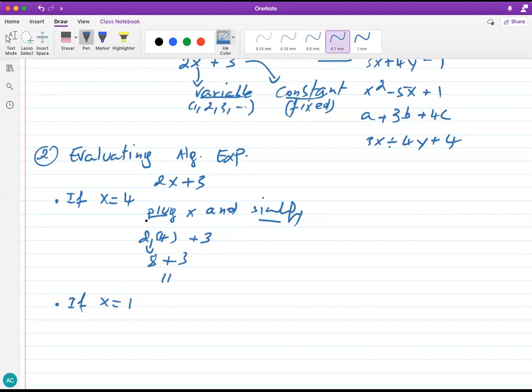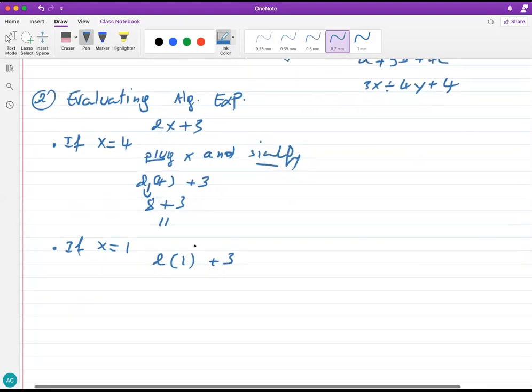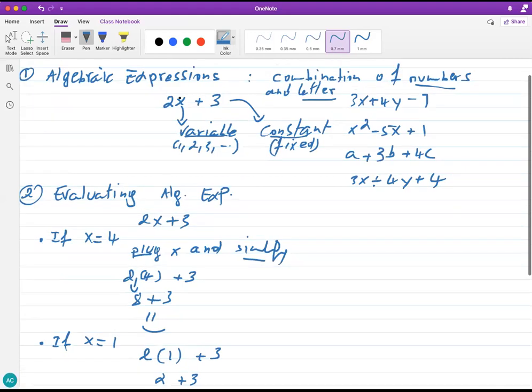Same thing, I'm going to take the 1, plug it into the expression, so it would be 2 times x, which is 1 in this case, plus 3. And again, we use order of operations to simplify. So I got 2 here, plus 3, and that's 5. As you can see here, we got 11, we got 5, all depending on the x. That's the only thing that changes in the expression.